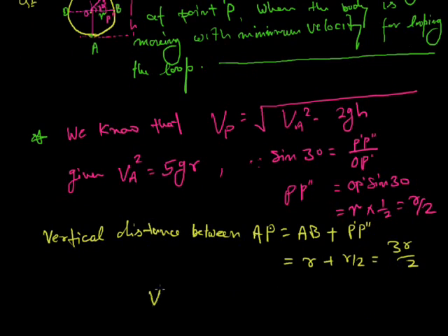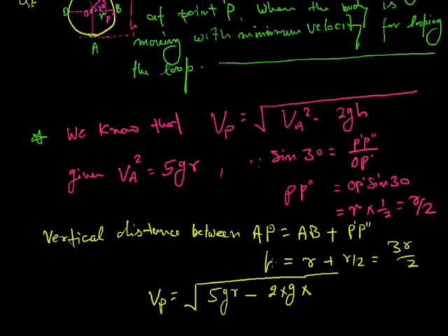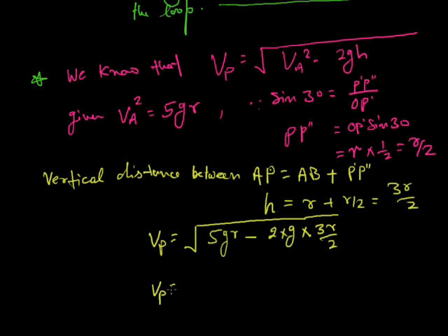Then velocity at P will be root of 5gr minus 2 into g into h. What is h? AP is h, so h is 3r by 2, that is Vp is equal to root 2gr.